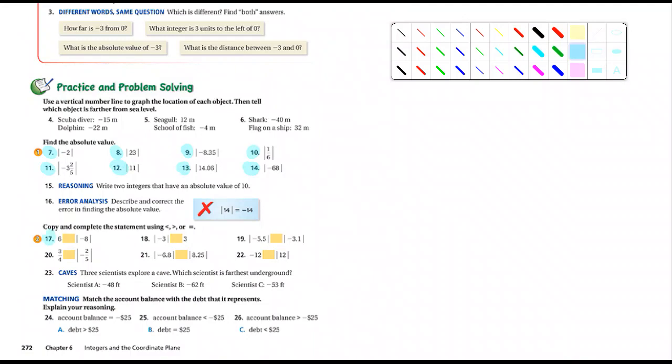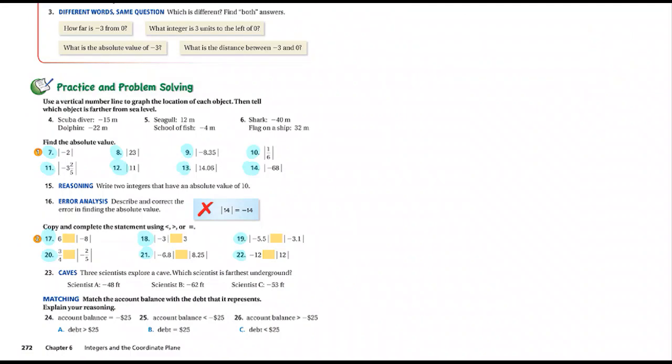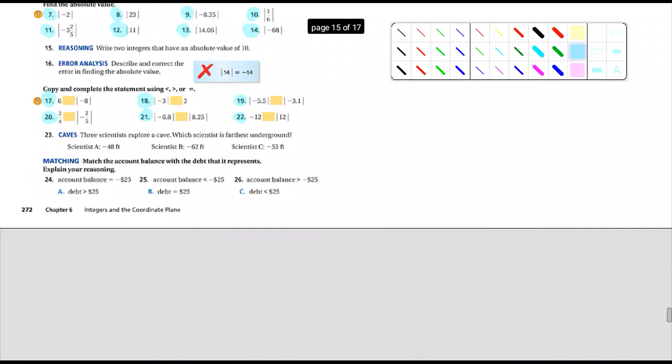You can do 17, 18, 19, 20, 21, 22. 23. 24, 25, 26.